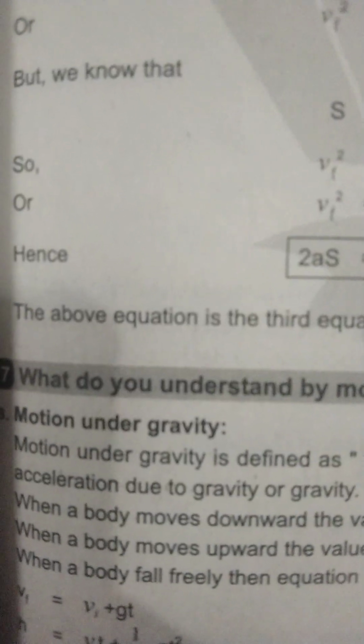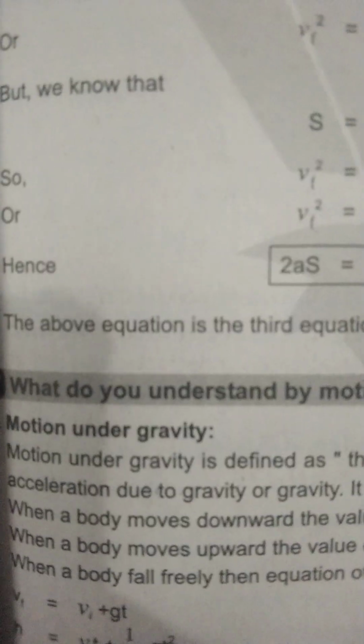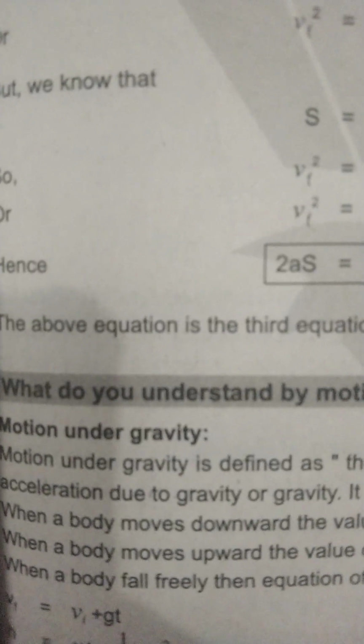Motion under gravity. Now what is it? Motion under gravity means the change in velocity due to the attraction of the earth. Whenever the attraction of earth is concerned, it means the acceleration due to gravity. Its SI unit is meter per second square, denoted by g.